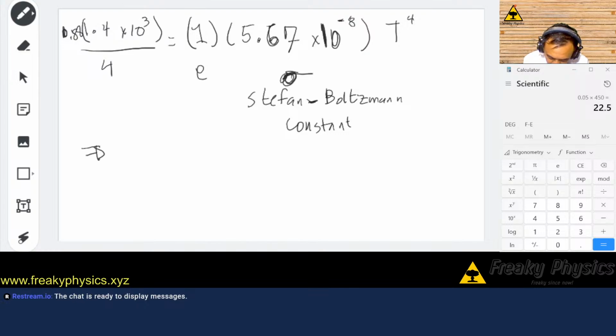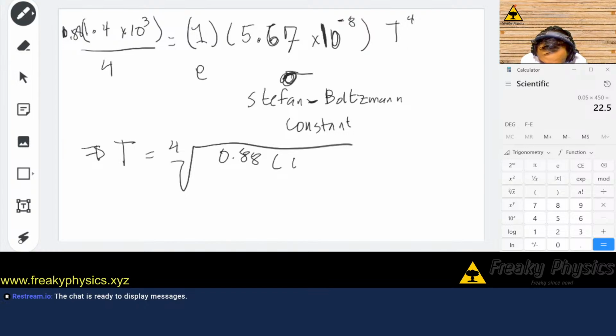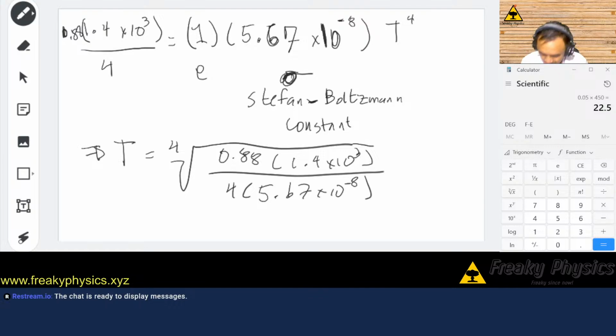And now we just calculate the temperature. That's going to be the fourth root of 0.88 times 1.4 times 10 cubed, all over 4 times 5.67 times 10 to the minus 8. We put that in the calculator and then we find the answer.